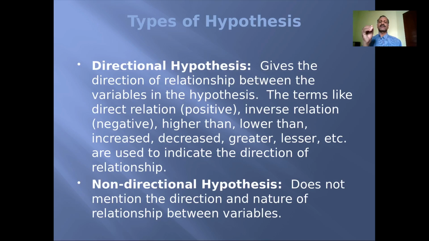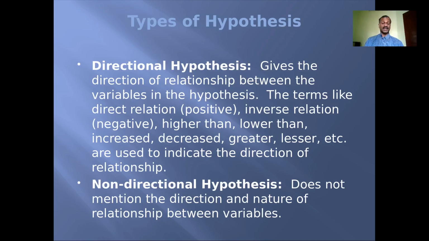We are giving the direction also, what type of relationship exists. And we use terms like there is a direct relation, as I mentioned, there is a direct relation between height and weight. There's a positive relation. This is a directional hypothesis.